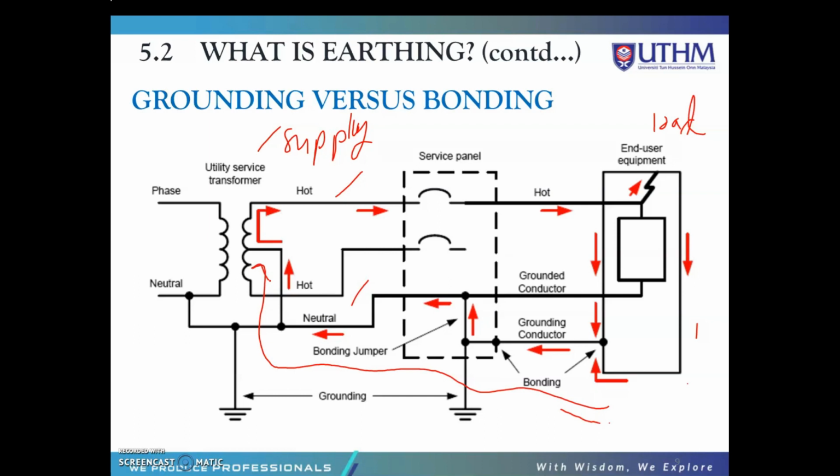Here is what we call grounding, and here is what we call bonding. When we connect two equipment, for example the service panel and the end user equipment, together, then we call it bonding. This bonding is purposely to make the potential the same. So it will avoid electric shock events.